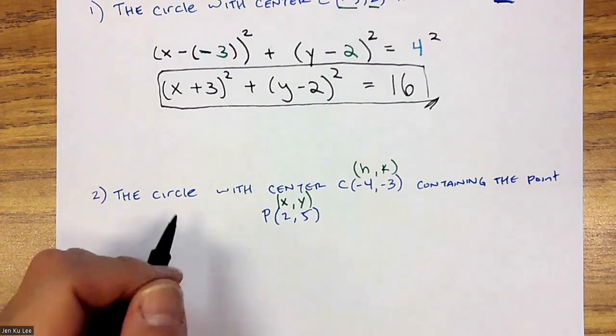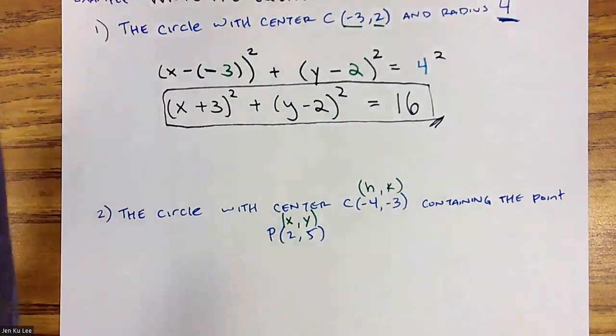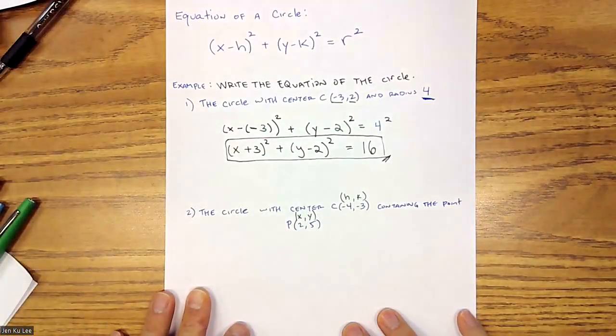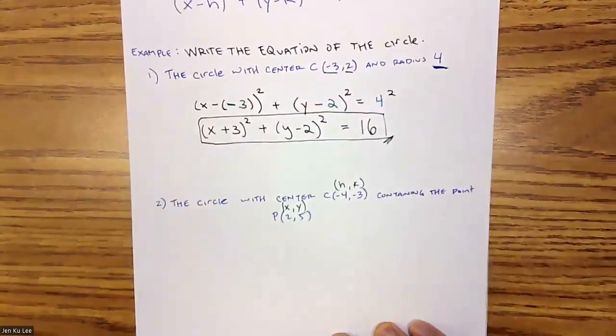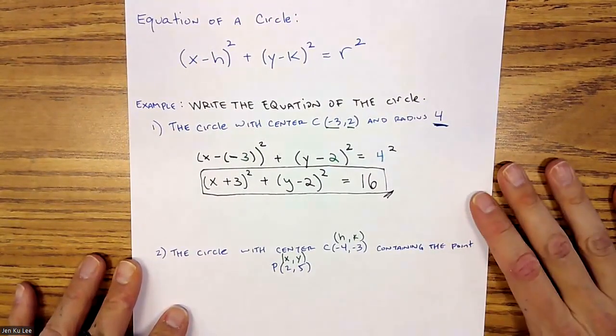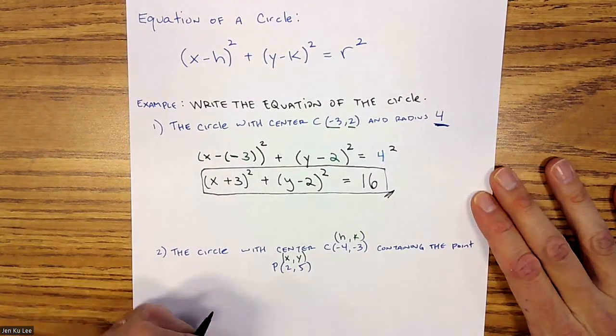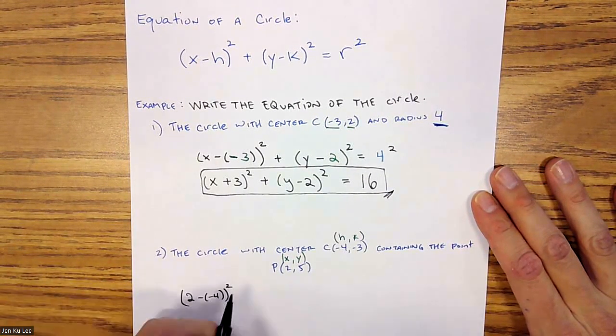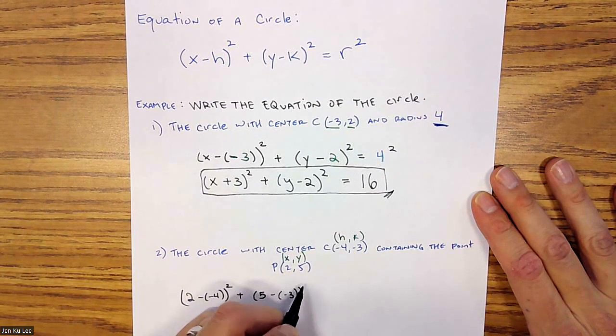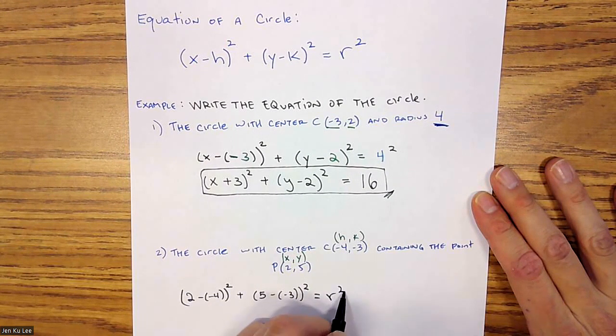So if I follow the equation, let me back up the equation right there. Okay. x is 2, so it'll be 2 minus -4 squared plus y, which is 5, minus -3 squared equals r squared.